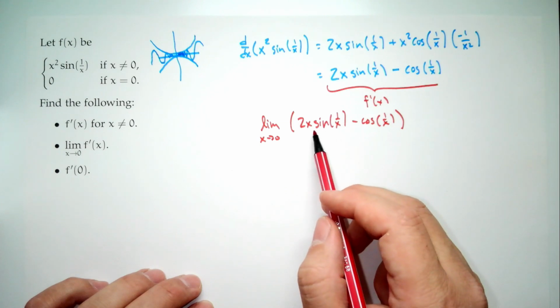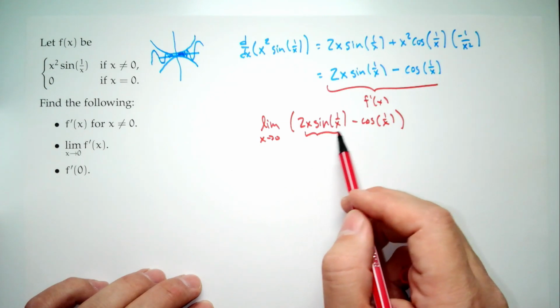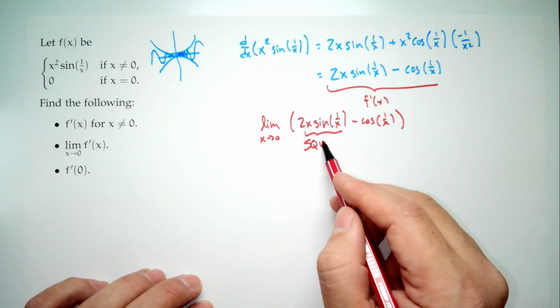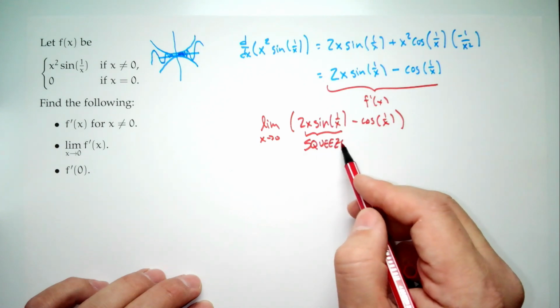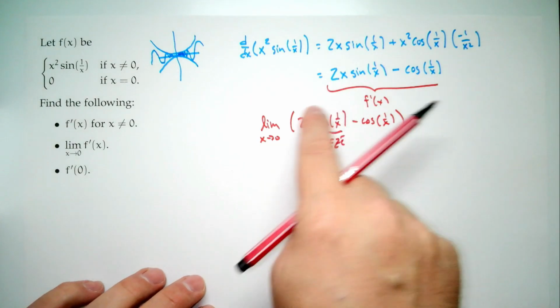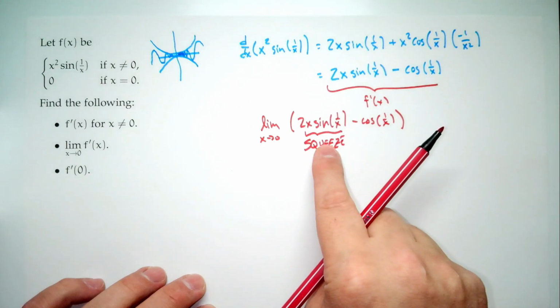Now, the first part is something we've actually done before, when we talked about squeezing. Sine 1 over x is going up and down, but you're multiplying it by x, which is getting small. If you have something going to 0 multiplied by something bounded, the whole thing has to go to 0. That's what the squeeze theorem tells us. So the first part is no problem. This is going towards 0.